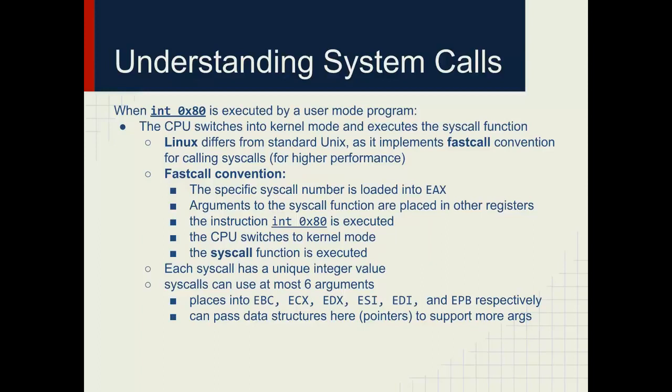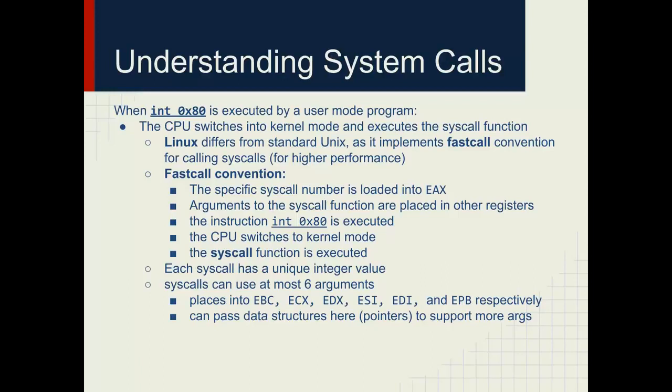So for Linux, this can differ from standard Unix, as Linux implements the fast call convention for calling system calls. And this provides somewhat higher performance, and effectively the specific system call is loaded into the EAX register. Instead of being put on the stack as an argument, it's loaded into the register.